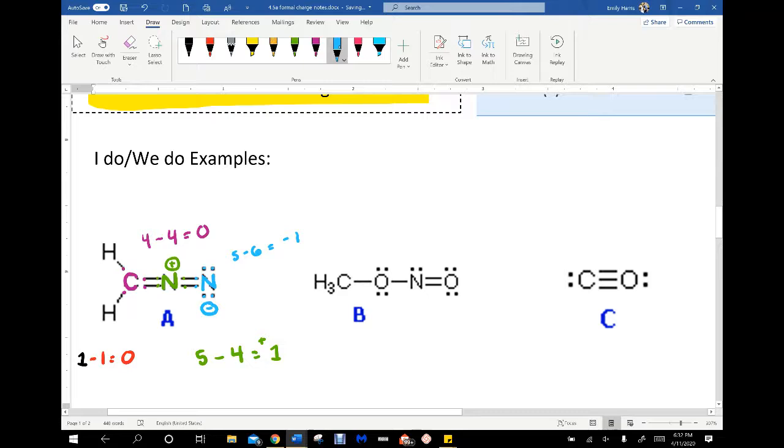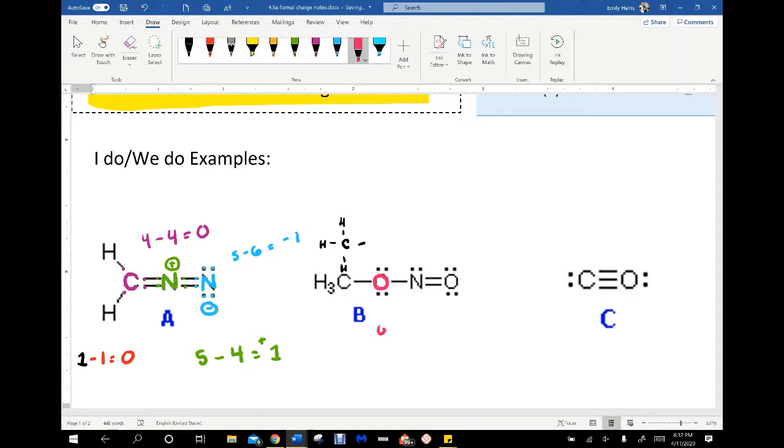So the CH3, if you'll visualize it with me, is just where you have a carbon attached to 3 hydrogens. And so each hydrogen has 1 bond. Carbon has 4 bonds. So we know that pattern should mean that each of those atoms has a 0 or neutral formal charge. So we're good to move on. So let's take a look at our oxygen.